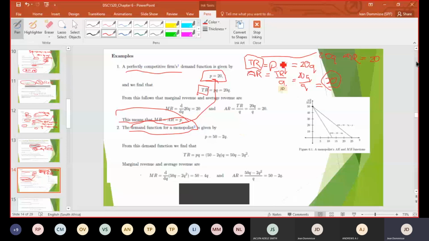So always the formula total revenue equal to P times Q, and I think that is nearly becoming boring now, but I think it's good that we do it every time that you write it down.